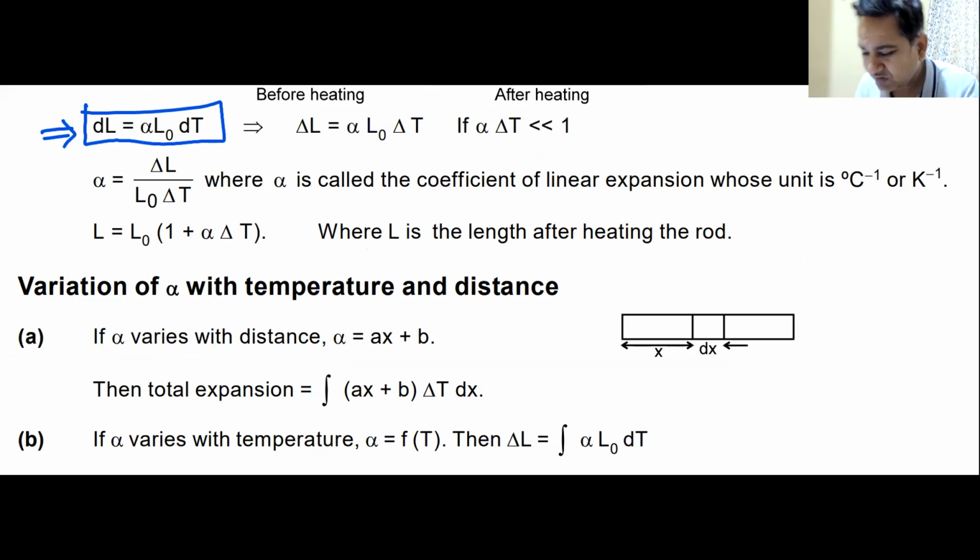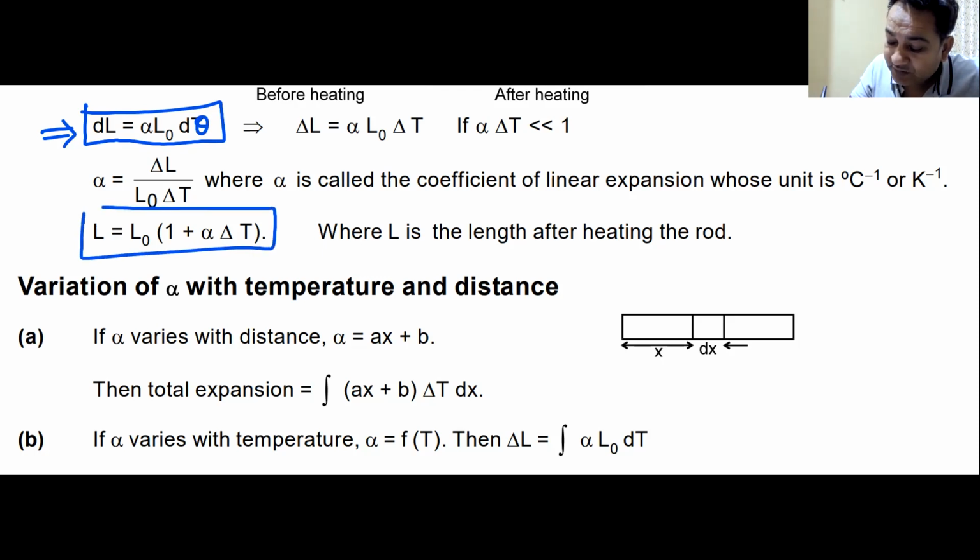In most of the books you see dt, but I will always use delta theta because t stands for time. In conduction we use t for time. So delta L or dl is alpha L naught d theta. Do you understand this? From here we had arrived at this equation and we have understood this equation, yes or no? Sir.